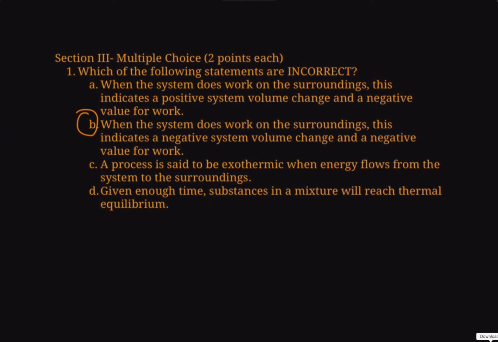So the volume change, so it pretty much had to be one of these two, right? But this is actually correct. So the question is, which one is incorrect? The one that's incorrect is that the system doing work on the surroundings is a positive volume change. It increases. And a negative value for work, because the system is pushing and working on the surroundings, which means it's losing energy, giving energy to the surroundings.